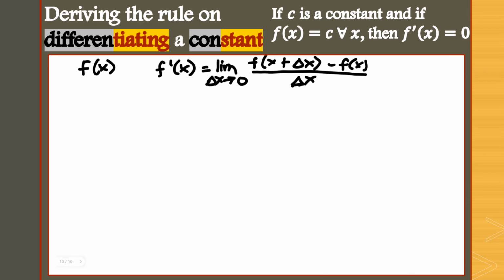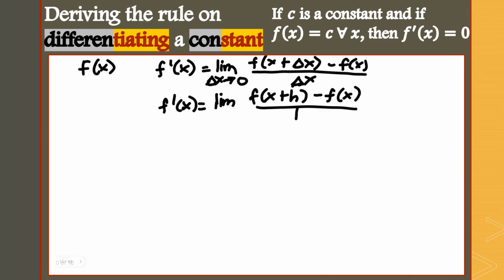So this is the definition of differentiation, or other references would also like to use the notation h instead of increment of x, for easier manipulation of your proof. Both of them are just the same, but basically we are going to use this as this is the definition which includes increment of x, which considers even the small change in the value of x.